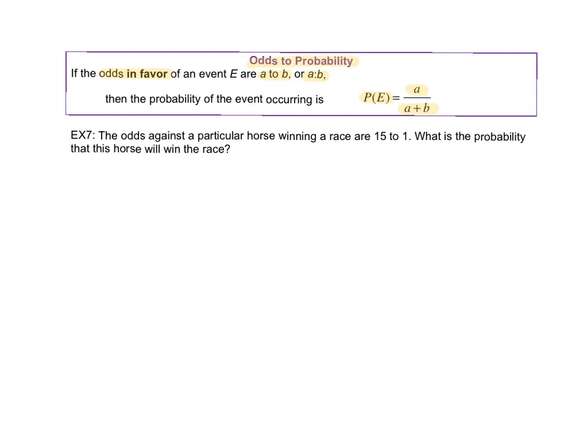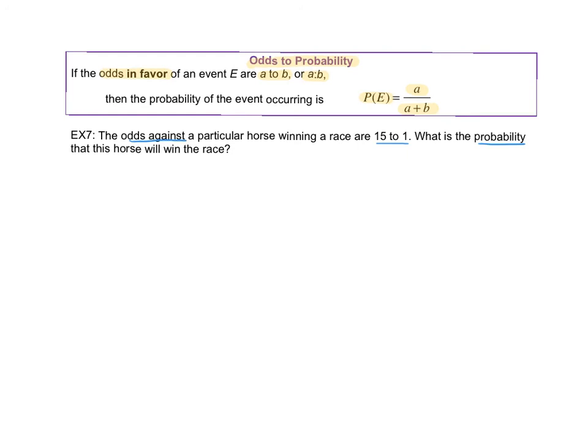Let's say, example 7, the odds against a particular horse winning a race are 15 to 1. What is the probability, so we need to find a probability, that this horse will win the race? So to use this formula, remember, I need odds in favor. I have odds against as 15 to 1.